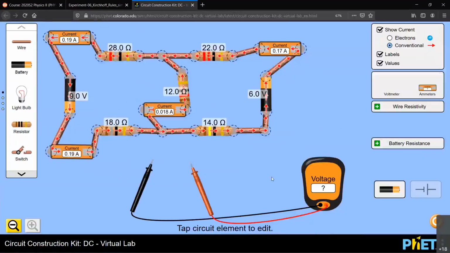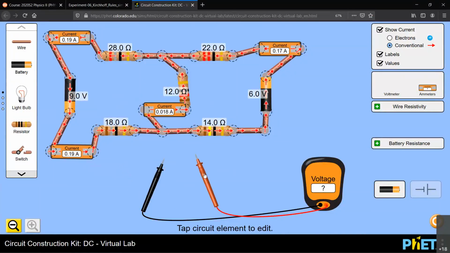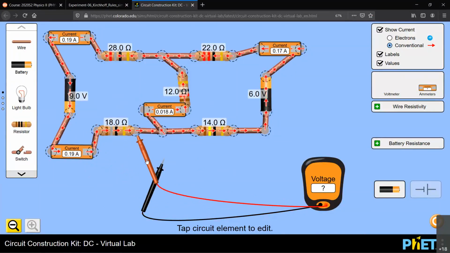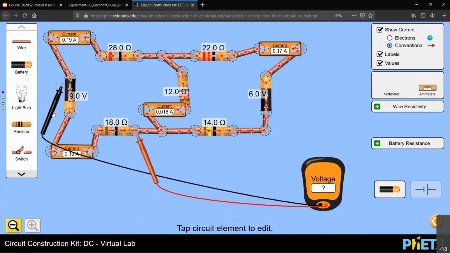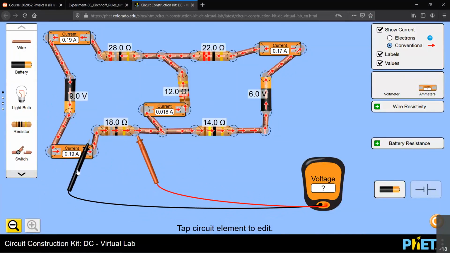And then let's measure this. When you measure the voltage, you have to be careful, right? Because the probe has to go relative to the battery polarities. Since you can see the battery positive sign here, your positive probe should go in front of right here, and your negative probe, relative to the negative side of the battery, should go here.